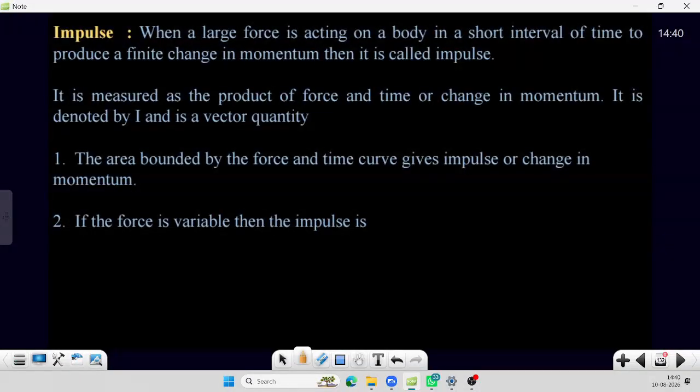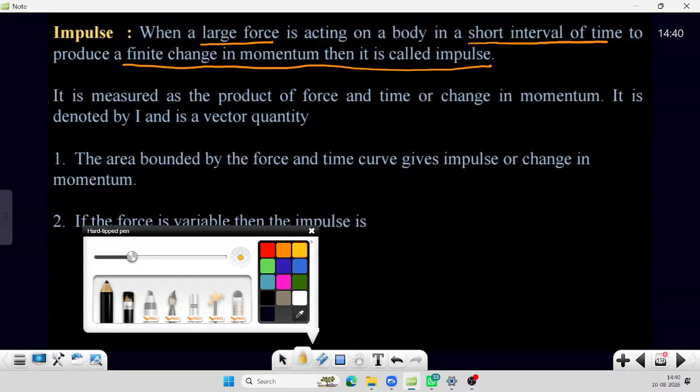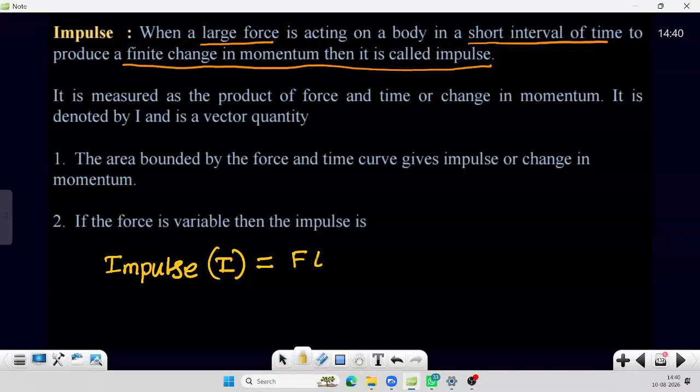So when a large force acts on your body for a very short interval of time and produces a finite change in momentum, it is called an impulse. Impulse is denoted with the letter I. I is equal to F into t, force into time.